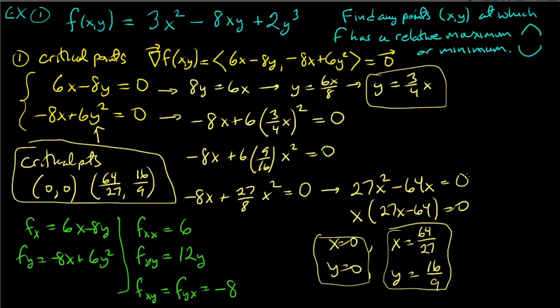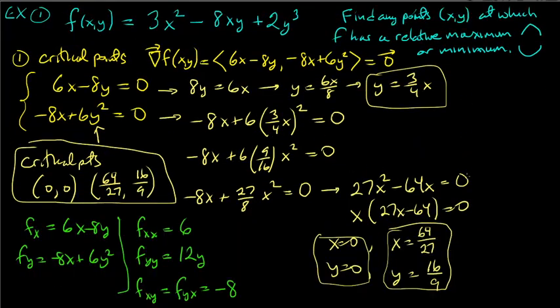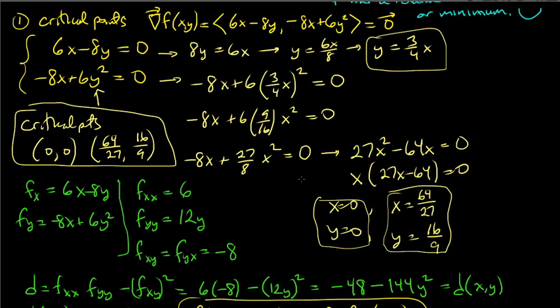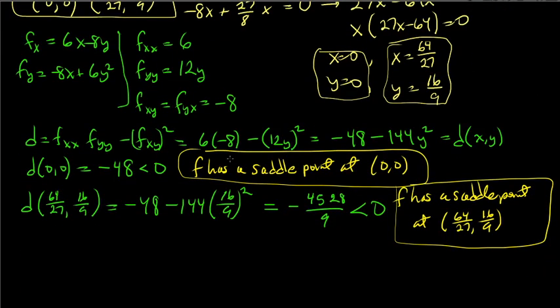So 2 saddle points. Unless I made a mistake, which is entirely possible, maybe we should go through this a little more carefully, but I think I did all the algebra correctly here. Might have messed up the arithmetic, but yeah, I think that's it. All right, so we'll go with that.